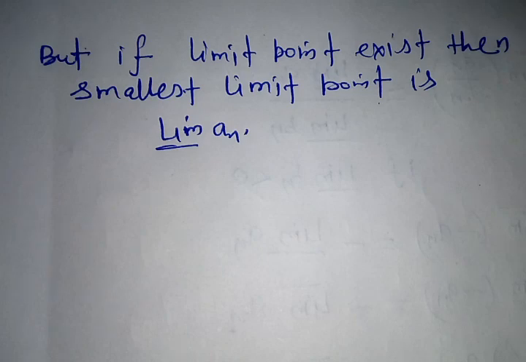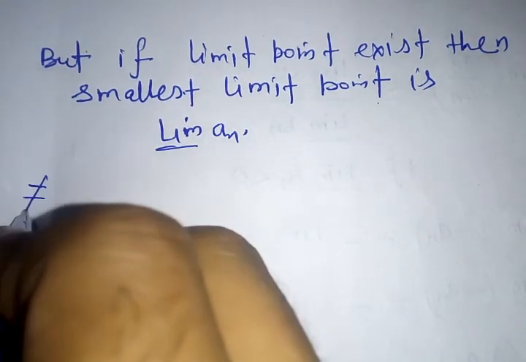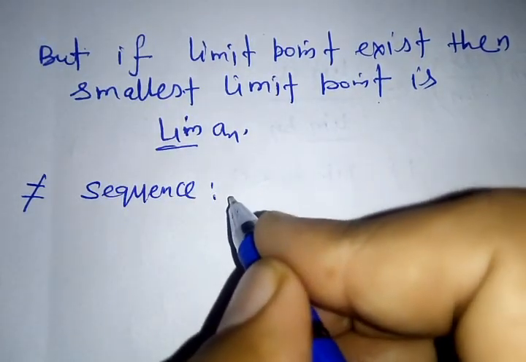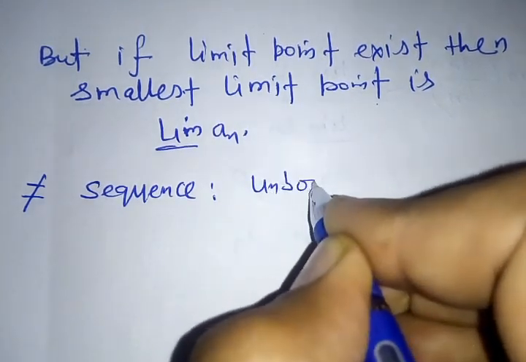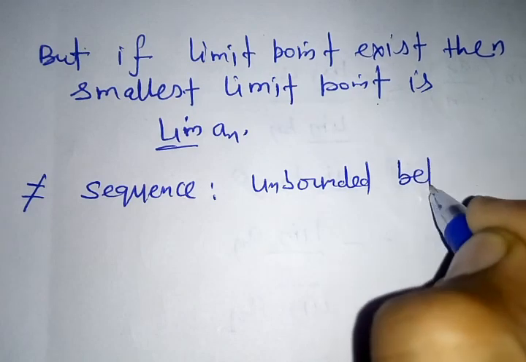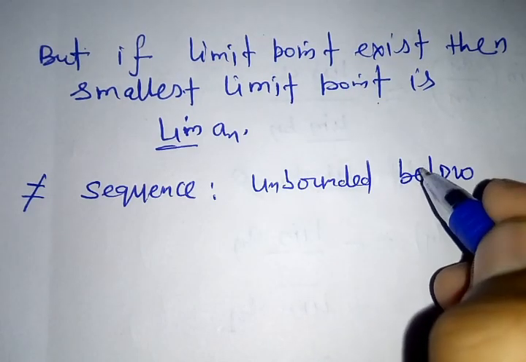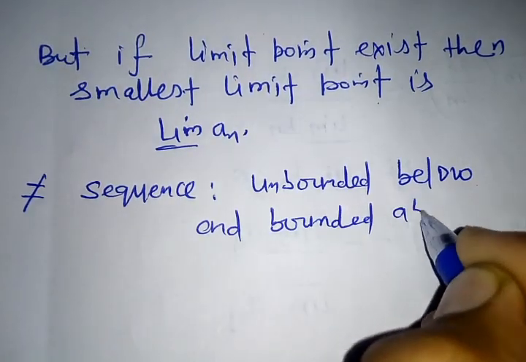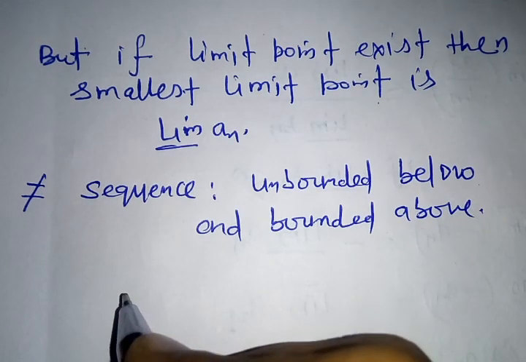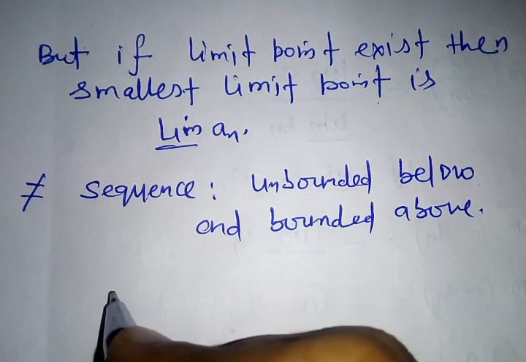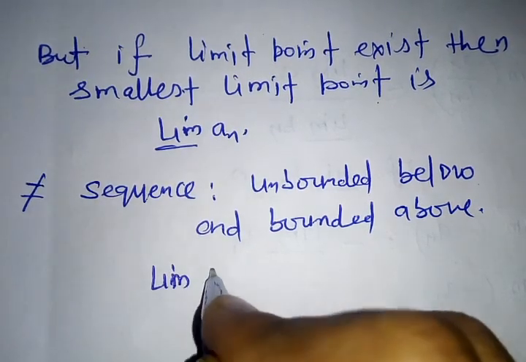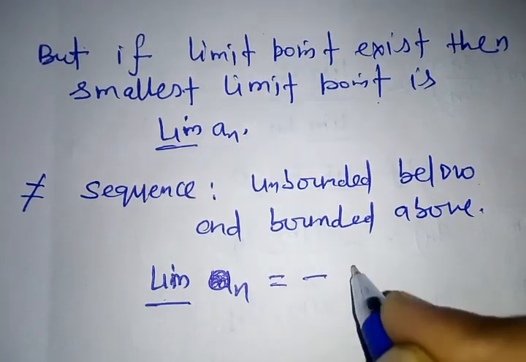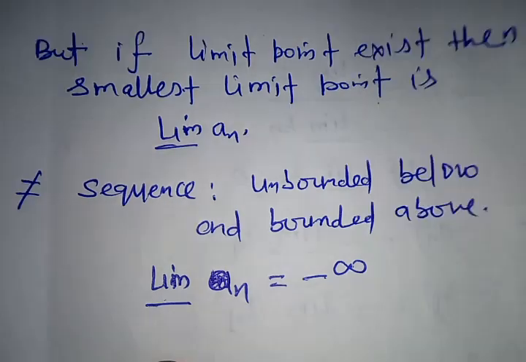Similarly, if we have a sequence which is unbounded below and bounded above, then in this case limit inferior of sequence an is equal to minus infinity always.